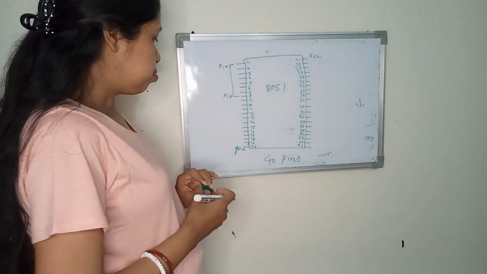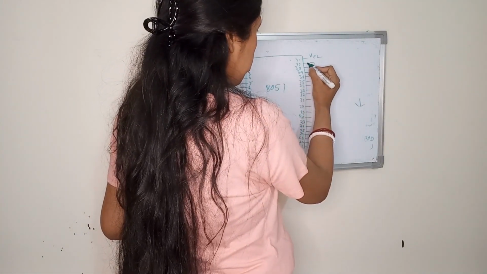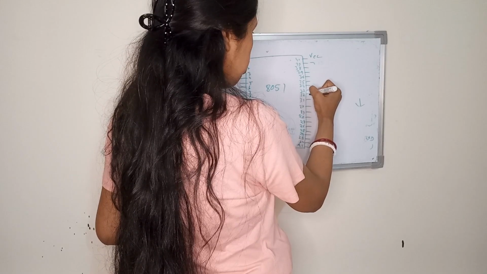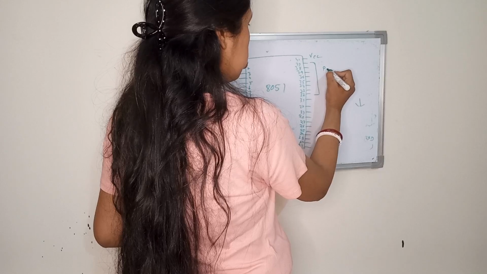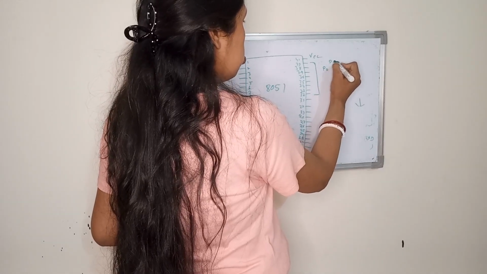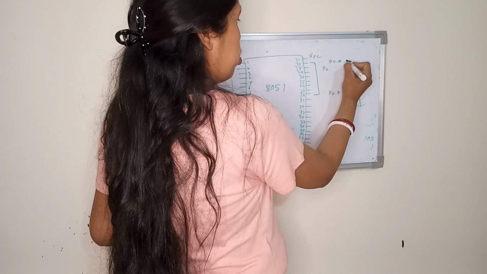Next come to port 0. Port 0 will be 1, 2, 3, 4, 5, 6, 7, 8. These 8 pins are associated with port 0, so port 0.0 to port 0.7.